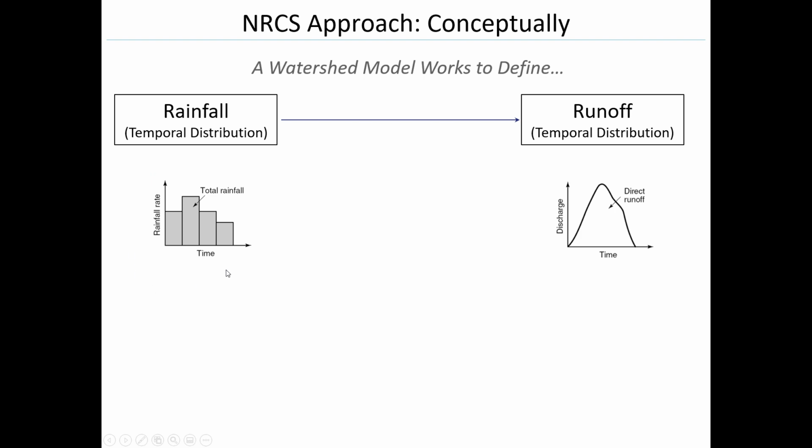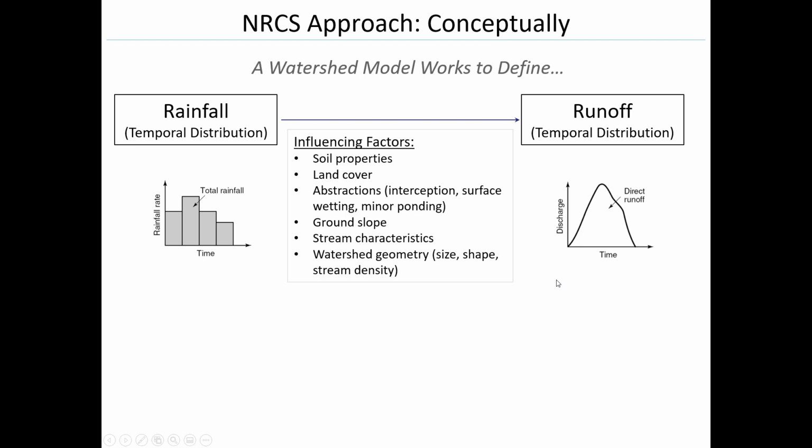And what they do is they take a rainfall hydrograph and they generate a runoff hydrograph from that by taking into account these physical factors that are known to have an impact. So things like soil properties, and thinking about how a well-drained soil, like sand, which has a really high hydraulic conductivity, would lead to a different runoff hydrograph than a poorly drained soil, like clay, that has a really low hydraulic conductivity.